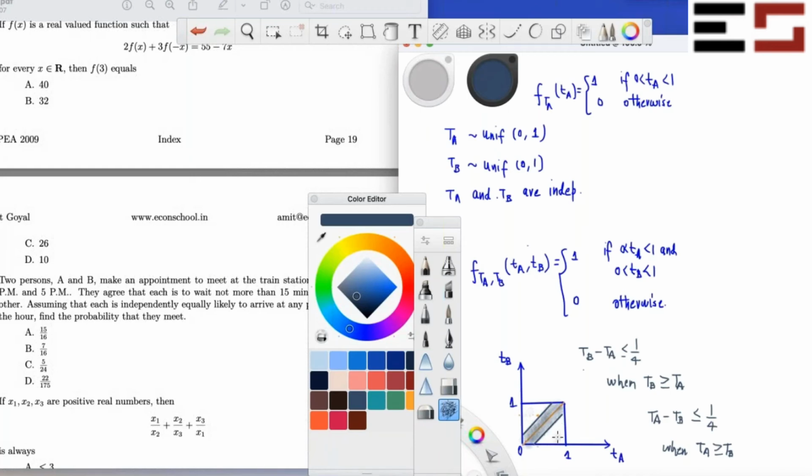So just find this probability, multiply it by 2, and subtract that from 1. That's going to give you the probability that nobody waits for more than 15 minutes for the other person. So basically just integrate this joint density over this triangle. Can you do that?